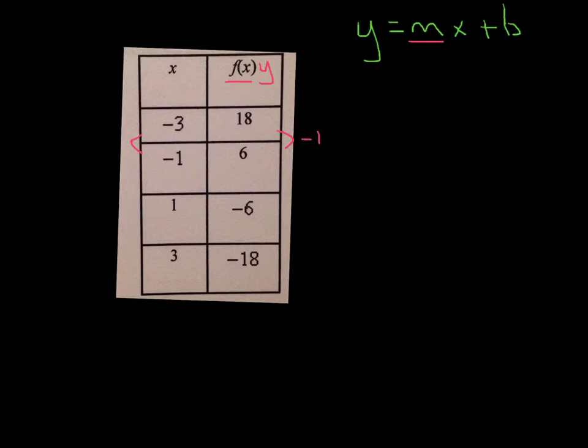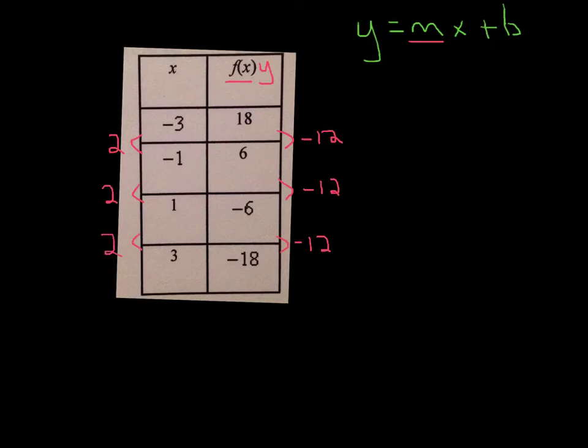It's going down by 12. Now 6 to -6, it's going, let's see, down to 0 would be down by 6, and then 6 more. This is again -12 and -12. And then my x values are increasing, and they're going up by 2. -1 to 1 is 2.